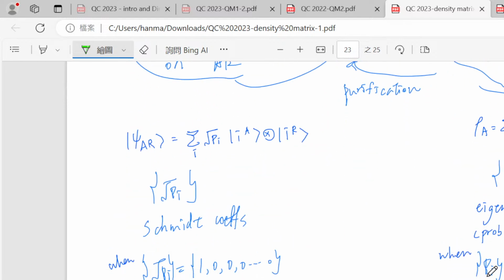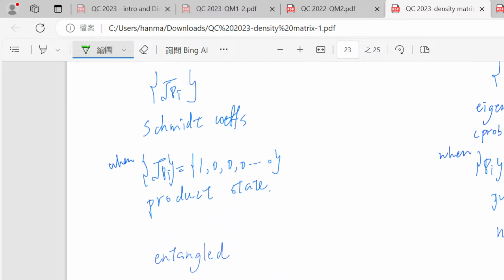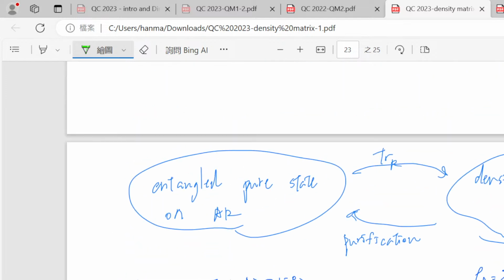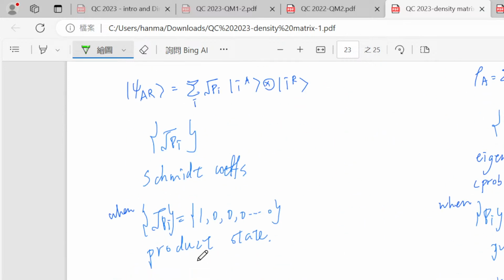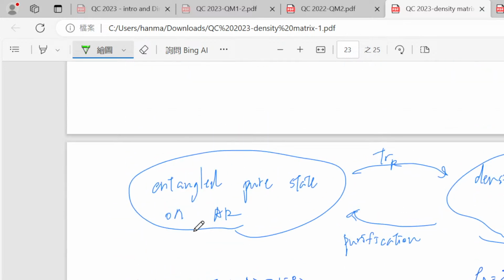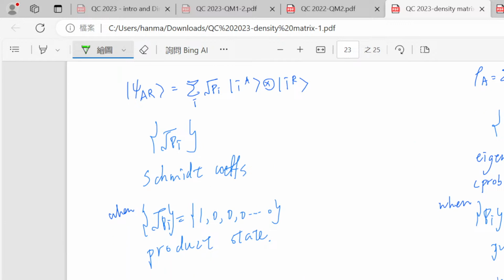So if the p here are 1, 0, 0, 0, then you're just summing over some one state, and that's probably your psi A. Okay? And similarly, when those p_i spread out, the square root p_i will be spread out, and that means your density matrix is a mixed state, and the corresponding entangled pure state is very entangled. Okay, so that's a 10-minute review.